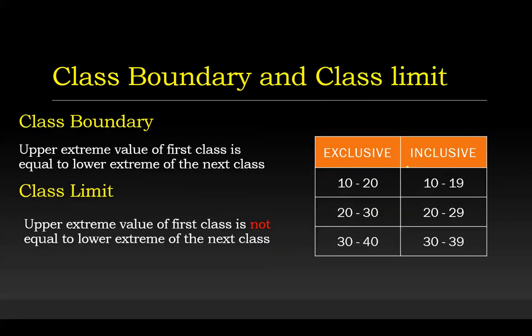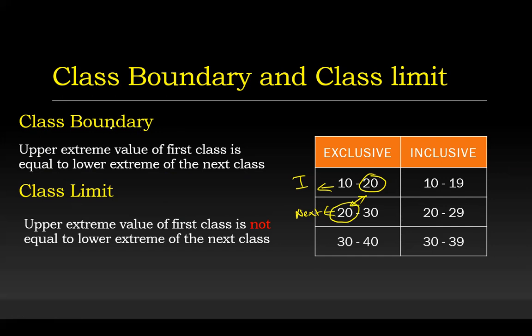Okay, so now what are class boundary and class limits? See, for example, class boundary: upper extreme value. This is the upper extreme value of the first class. This is the first class. This is the next class. See, when the upper extreme value of the first class, that is 20, is equal to the lower extreme of the next class, that is this 20, now these two are equal, then I will call this class boundary.